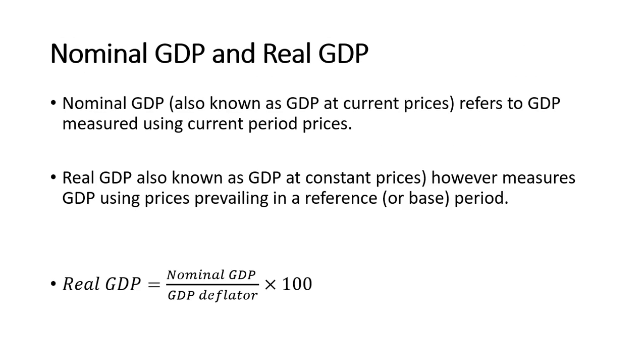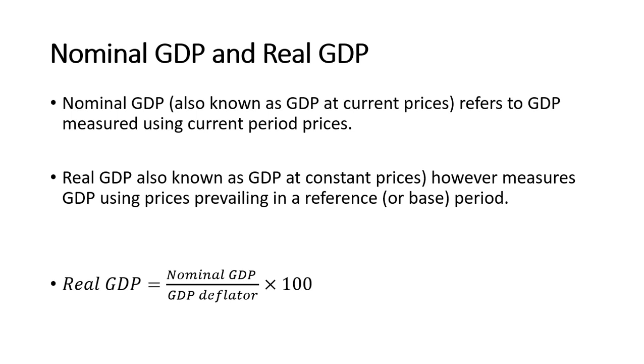Nominal GDP and real GDP. Nominal GDP is also known as GDP at current prices. It refers to GDP measured using current period prices. So for instance, if you want to calculate the GDP of Ghana this year using this year's prices in the market, then we refer to that as nominal GDP.